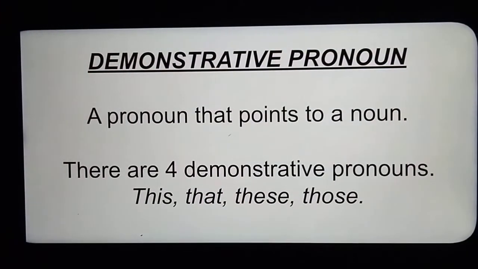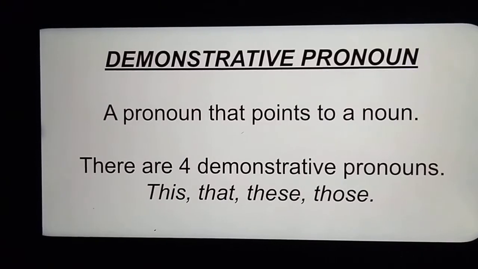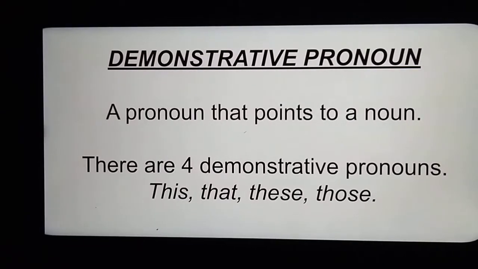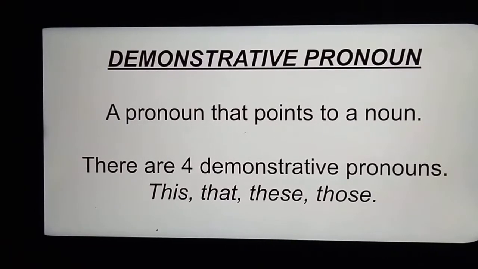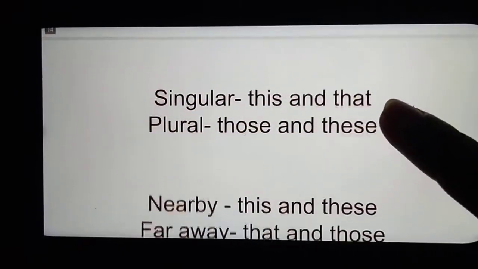The next type is demonstrative pronoun. A pronoun that points to a noun is known as a demonstrative pronoun. It points towards a noun. There are 4 demonstrative pronouns: this, that, these, and those.